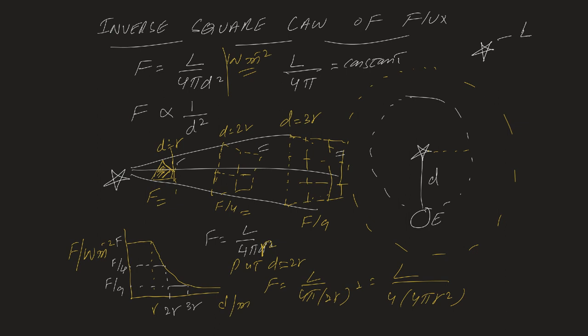So this is the new radiant flux intensity, F over 4. Similarly, you can prove F over 9, F over 16, F over 25.